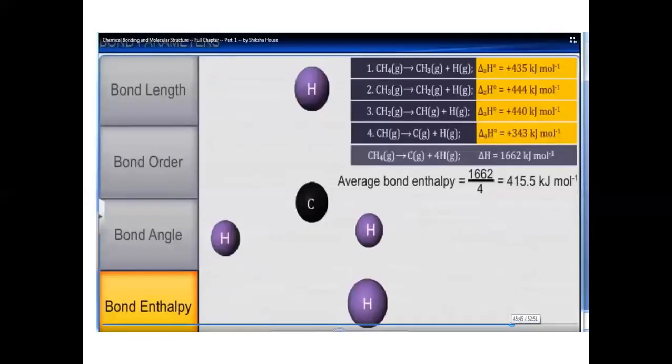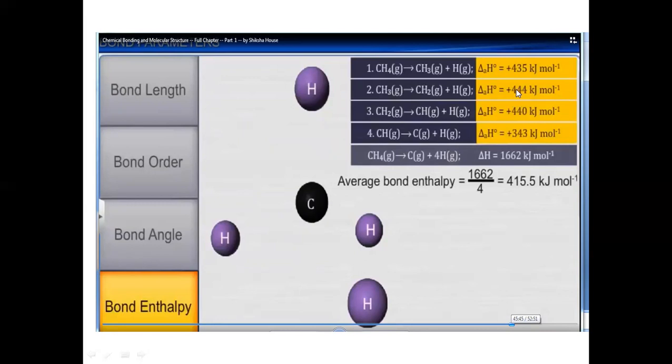See here, this is the bond enthalpy for methane gas. How much energy is required to break this down? First, CH4, on applying the bond enthalpy, gives one hydrogen taken out. The first energy taken is 435 kilojoule per mole, and CH3 is remaining. From that CH3 one hydrogen is taken out, so CH2 is remaining.